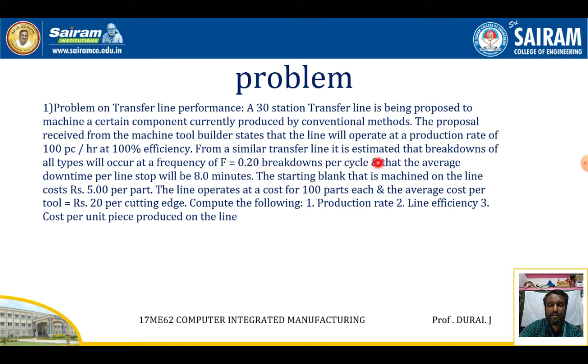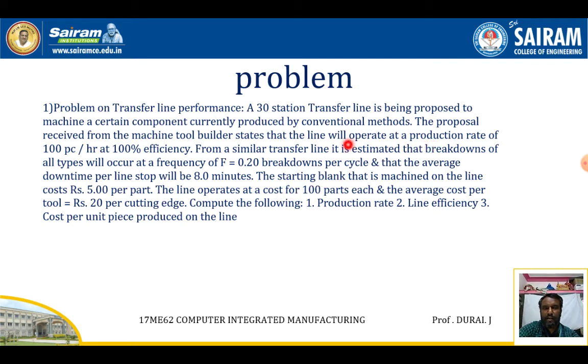From similar transfer lines, the breakdowns of all types are estimated to occur at a frequency F equal to 0.20, and the average downtime per breakdown will be 8 minutes. The starting block machined on the line costs 5 per part. The line operates at a cost of 100 per hour, and the average cost per tool is 20 per cutting edge.